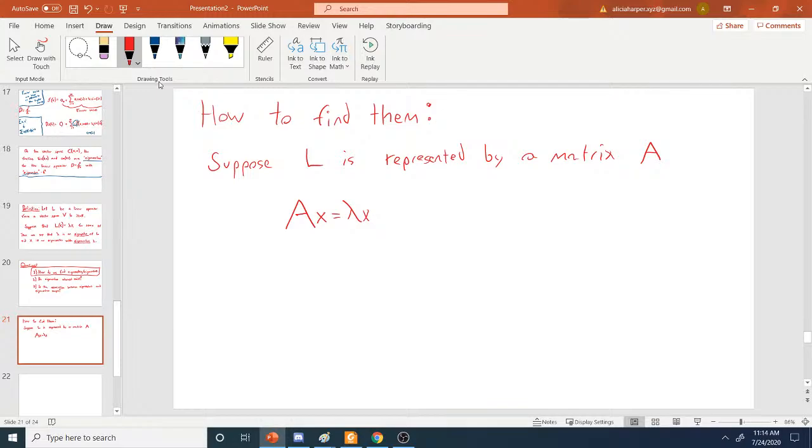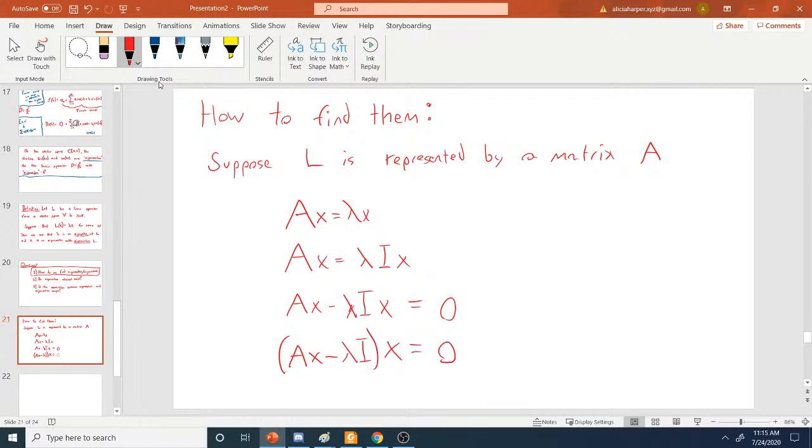First off, I can introduce the identity matrix. So Ax is equal to lambda times the identity matrix times x. And then I can move everything on the right over to the left. And so I would get Ax minus lambda I times x. And then I can factor out the x. And if I factor out the x, I get this equation: A minus lambda I times x is equal to 0.